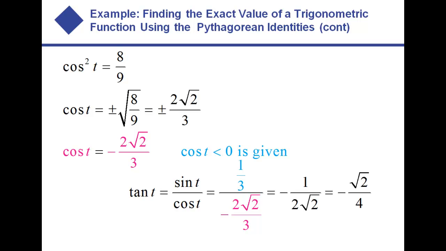We can now take the square root of both sides, remembering that algebraically when we take a square root we have plus and minus. But because they told us that cosine was negative, then we know we have to use the negative version. Now that we know what sine is, 1/3, and cosine is what we just solved for, we can put those in our sine over cosine identity, which will tell us what tangent is.